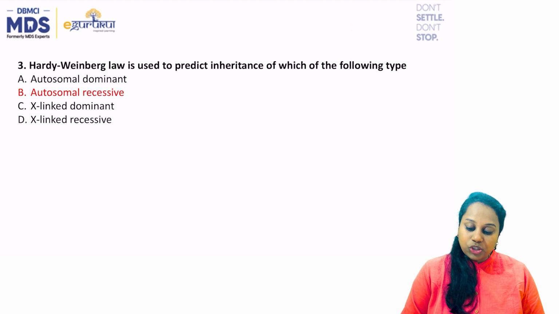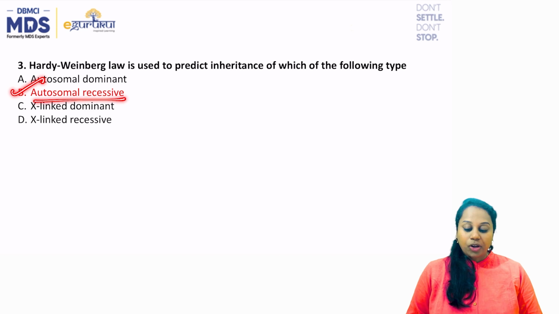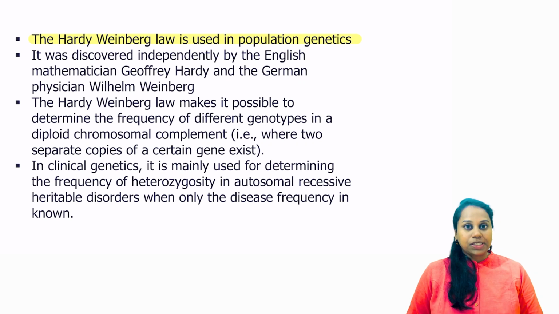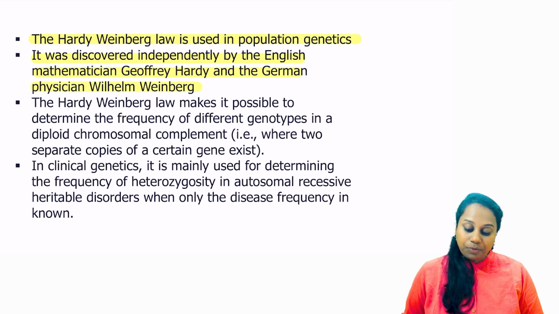Hardy-Weinberg law is used to predict inheritance of which of the following? The answer to this question is option B, autosomal recessive. Let's quickly learn about this. The Hardy-Weinberg law is used in population genetic studies. It was discovered by English mathematician Hardy and German physician Wilhelm Weinberg.